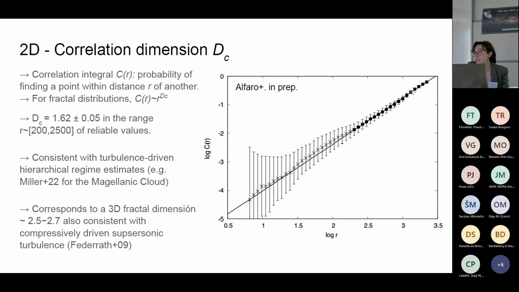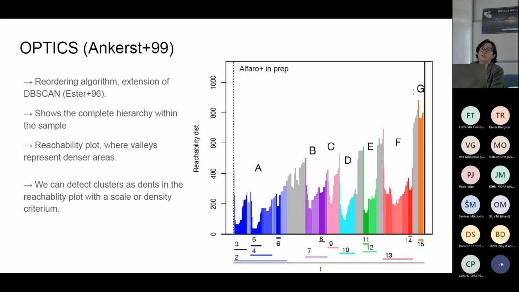Now, this motivates us to try to extract this hierarchy of clusters. I won't get into the method, but we use OPTICS, which is not really a clustering method, but a reordering algorithm. Its direct product is a plot like this one, a reachability plot, where the densest parts are seen as valleys.